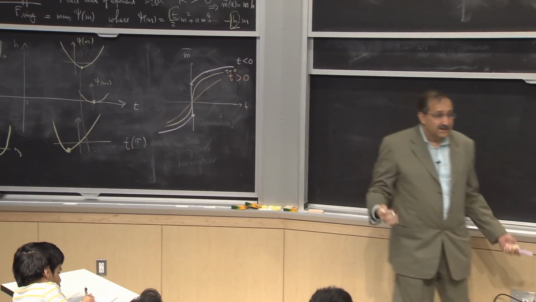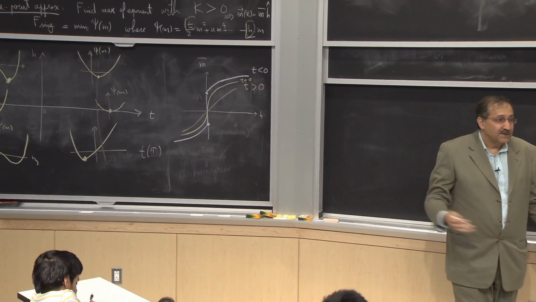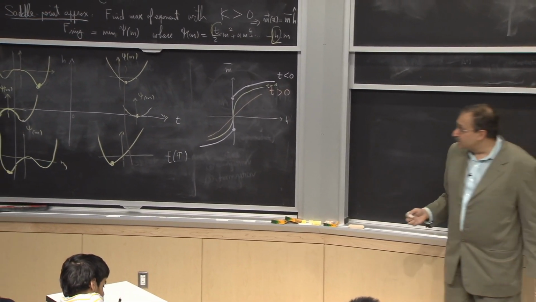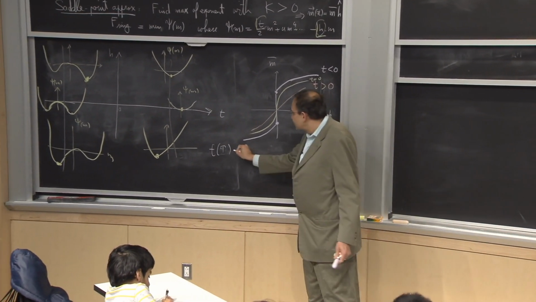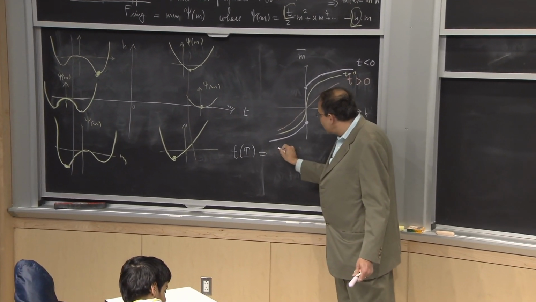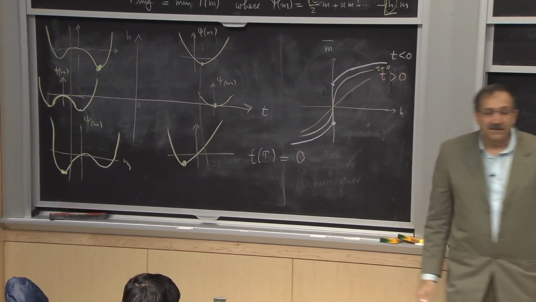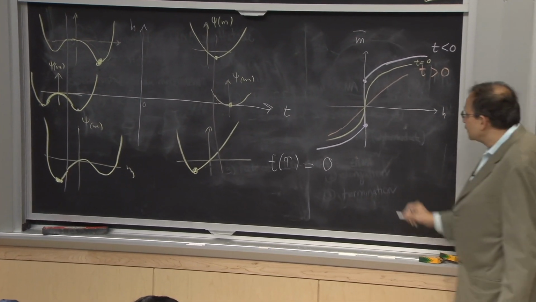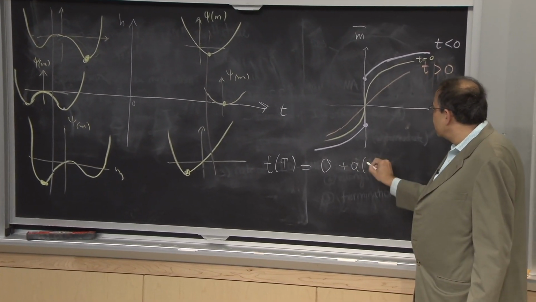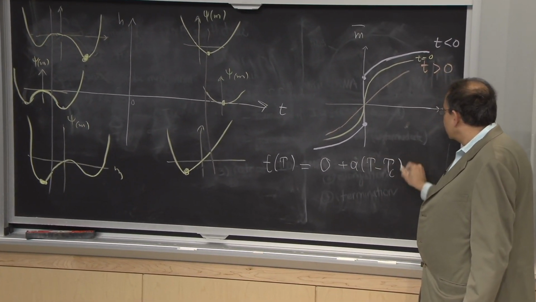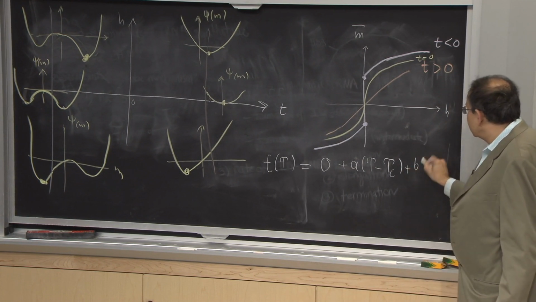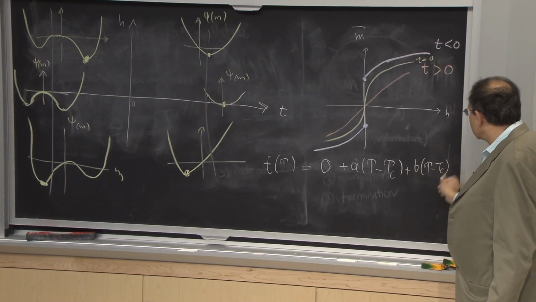So I can certainly make an expansion of it around any point, let's say the Tc of the material. So what I require is that the first term in that expansion has to be 0. Then I will have something that is linear in T minus Tc, and then quadratic in T minus Tc squared, and so forth.